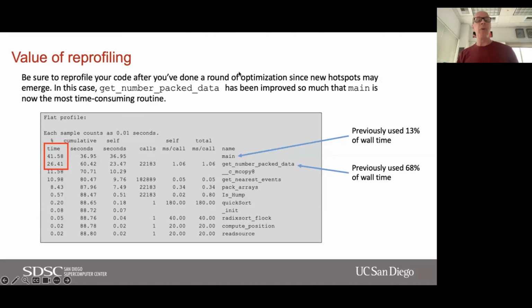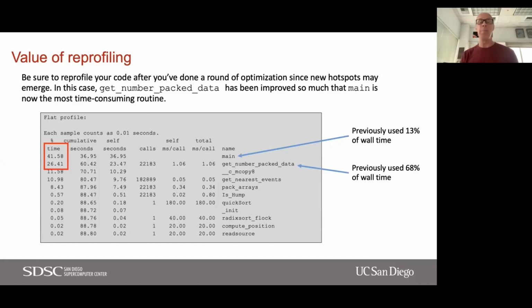So, the value of reprofiling your code. Be sure to reprofile your code after you've done a round of optimization, since new hotspots may emerge. So when I started working on this code, I started working on get number pack data, and I found that I was able to speed it up so much that after I was done, it now only accounted for 26% of the time.